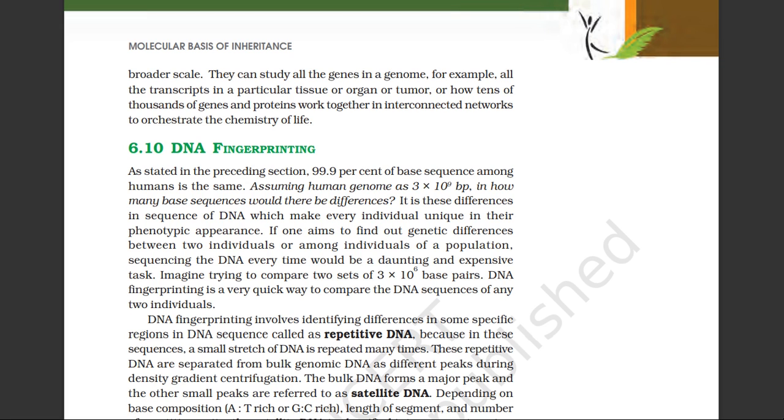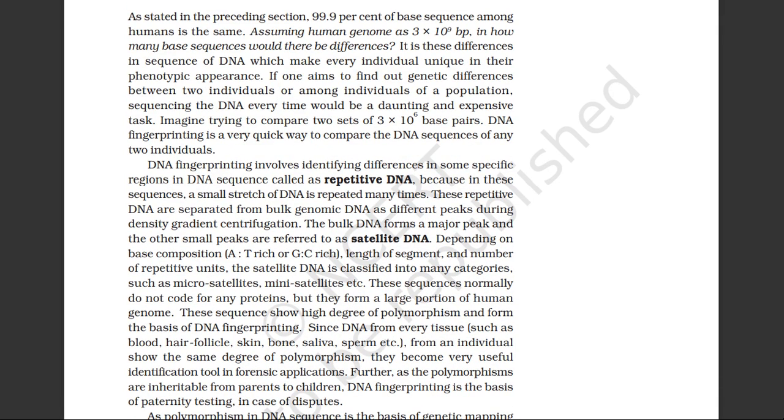These repetitive DNA are separated from bulk genomic DNA as different peaks during density gradient centrifugation. The bulk DNA forms a major peak and the other small peaks are referred to as satellite DNA.